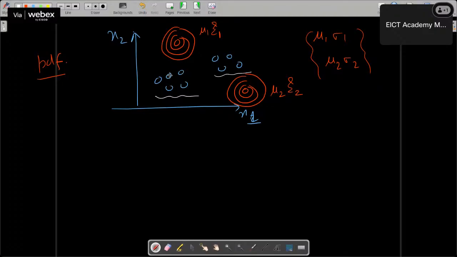Okay, so let's say for example, 75% is the probability of this data point to lie under this mu1 sigma 1, and 25% probability or likelihood to lie under this mu2 sigma 2. The same, 75% in this mu2 sigma 2 and 25% in this mu1 sigma 1.